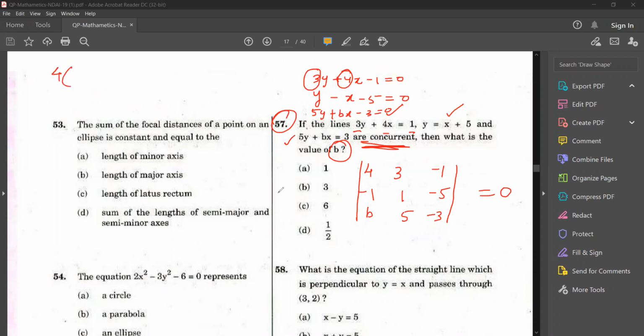So 4 into (minus 3 minus 25) minus 3 into (3 minus 5b) plus minus 1 into (minus 5 minus b). Just finding the determinant. Okay.